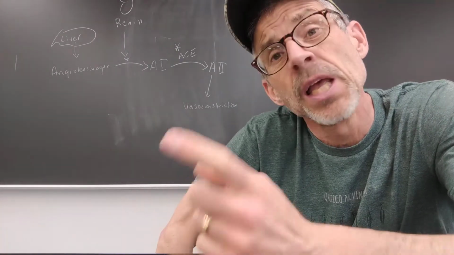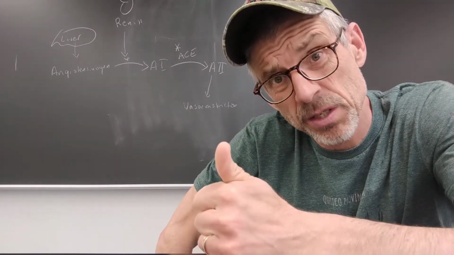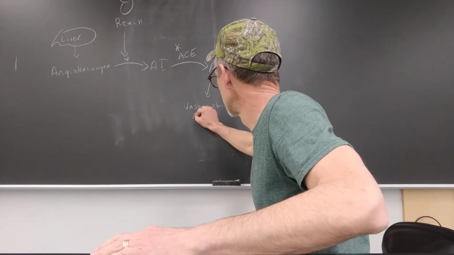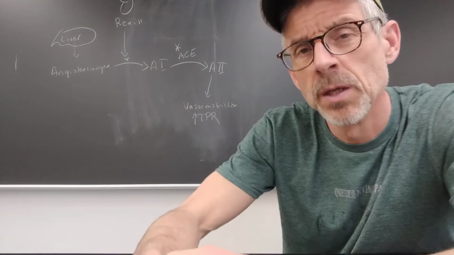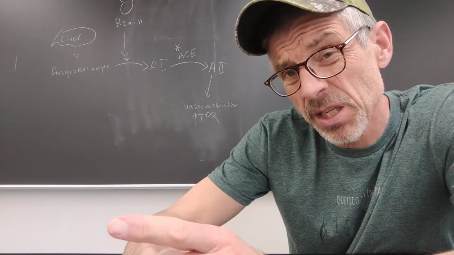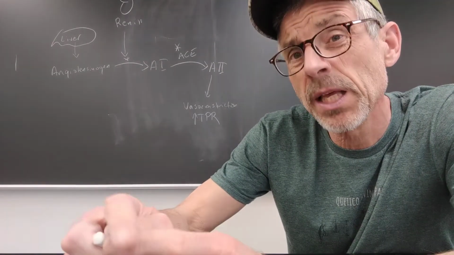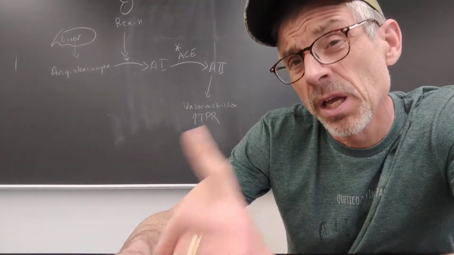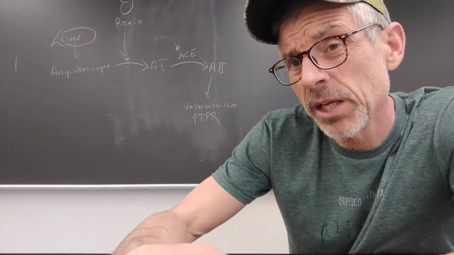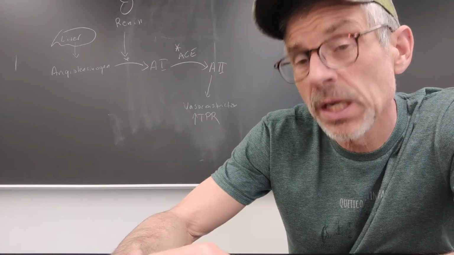This elevates total peripheral resistance. Another action of angiotensin 2 is to stimulate the adrenal gland to make another hormone. And angiotensin 2 stimulates the adrenal gland to produce the steroid hormone aldosterone.